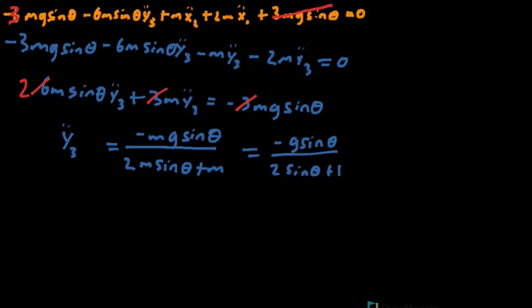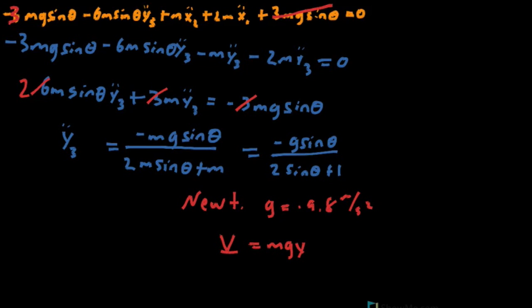Now, if you were vigilant, you might notice that this is actually the opposite of the result we got using the Newtonian method, in that we said that this was the acceleration for the first two objects, whereas now we're saying this is the acceleration of the third object. But really it's not, because when we did it using the Newtonian method, we let g equal minus 9.8 meters per second squared. Whereas here, we said that the potential energy V equals mgy.